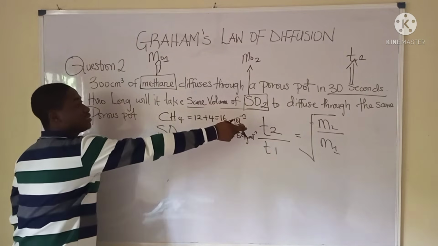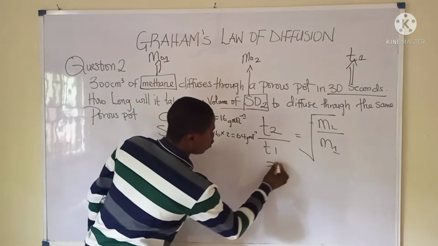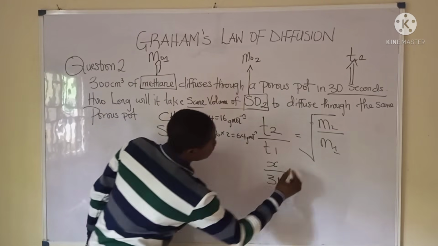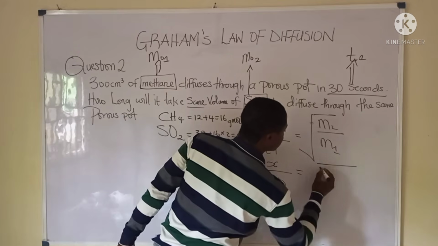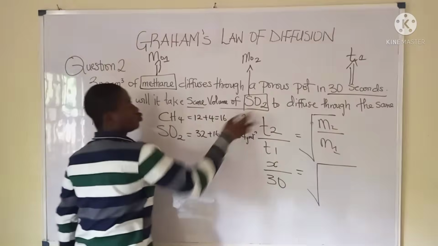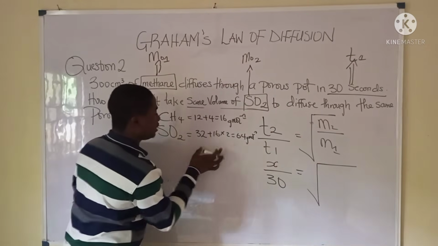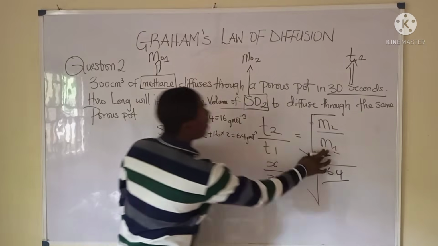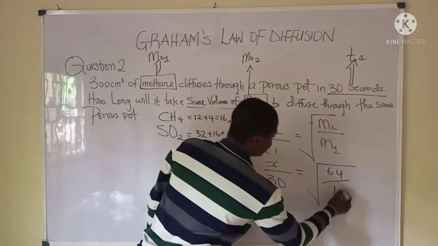Now, basically, the time 2 is what we are asked to determine. So we'll make it X dividing time 1, which is 30 seconds, is equal to the square root of the molar masses. The second gas is SO2. So basically, the molar mass is 64, dividing M1 for methane, which is 16.